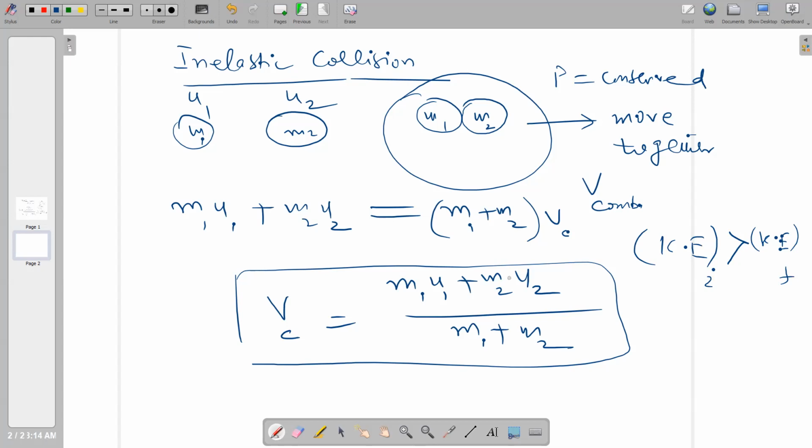In elastic collision that is regained, but here it is not regained. So this is all about inelastic collision. You should remember this equation, and you can solve the problems.